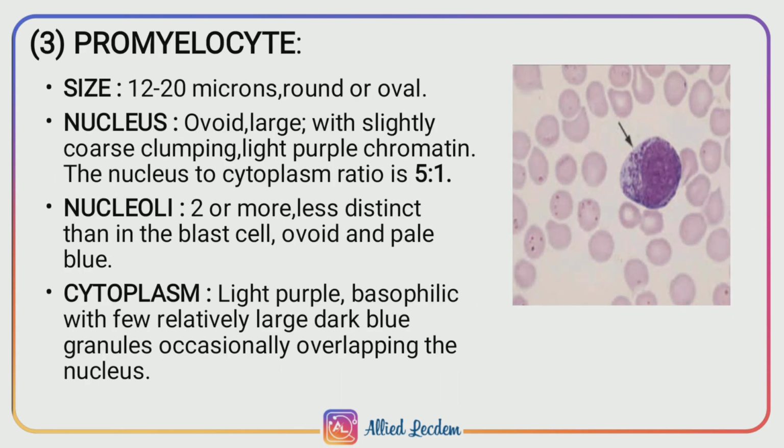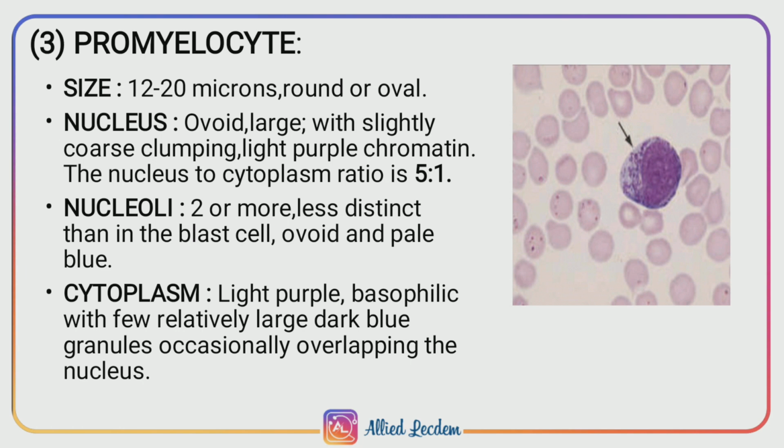Next stage is promyelocyte. The cell size ranges from 12 to 20 microns and it is round or oval shaped. As the blood picture shows, the nucleus is ovoid, large and also with slightly coarse clumping, that is, the clump that forms is a little rough and the nuclear chromatin stains light purple. The nucleus to cytoplasm ratio is approximately 5:1.